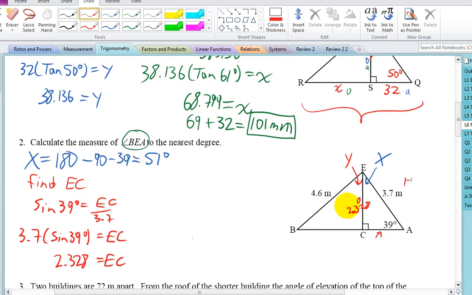So label your HOA one more time to find angle Y. Sorry, I said E. Find angle Y. Okay, so you use the top triangle, the triangle on the left.